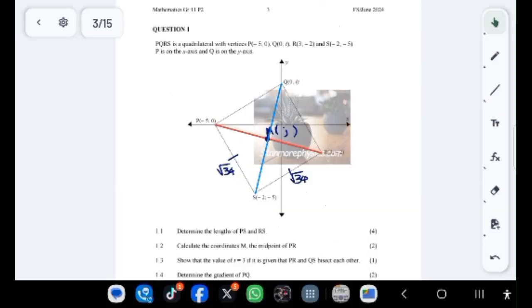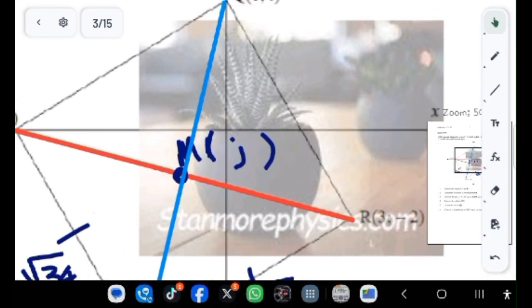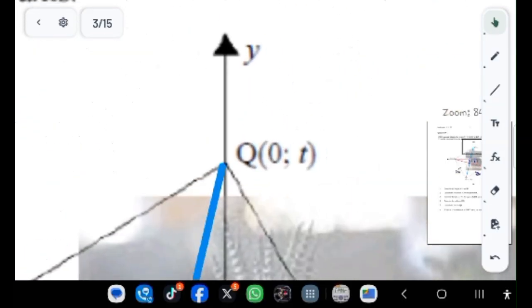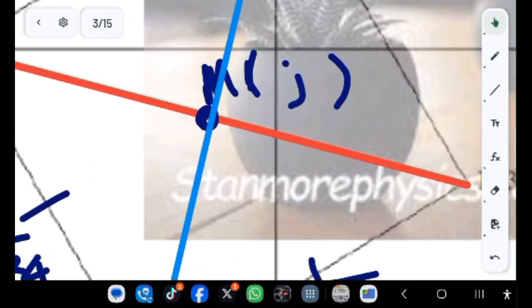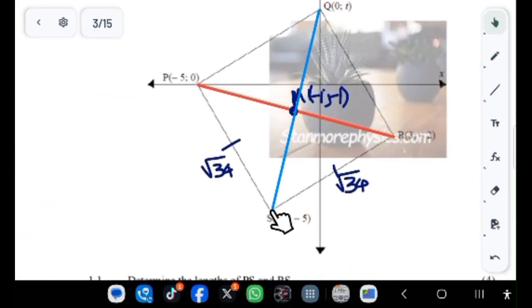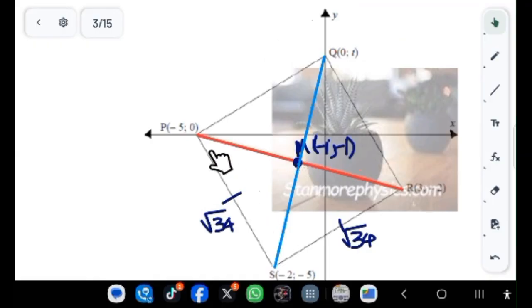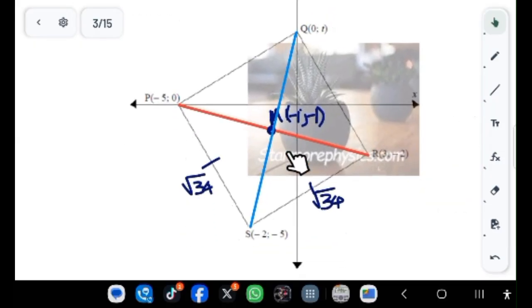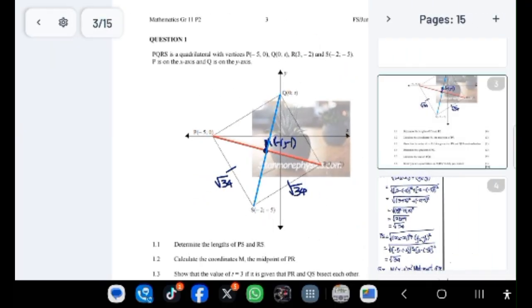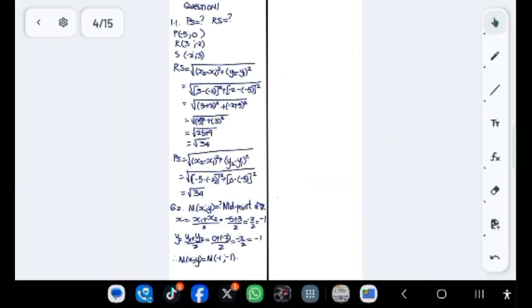We're supposed to show that t equals 3. The midpoint, with the coordinates negative 1, negative 1, is the meeting of points S and Q, just like it is the meeting of P and R. Now, to find t, we need to add the y coordinates of the 2 points and match it to the y coordinate of the midpoint.